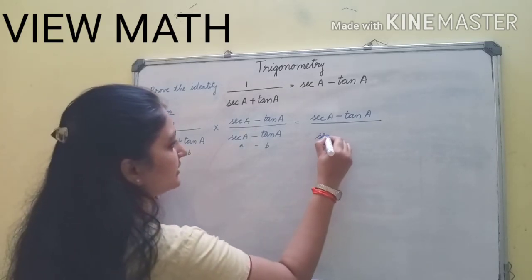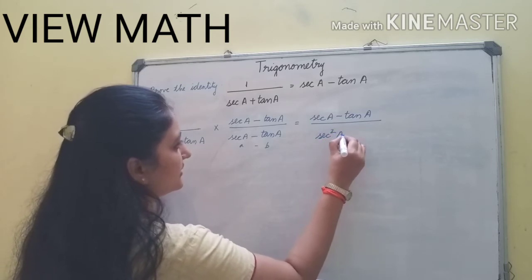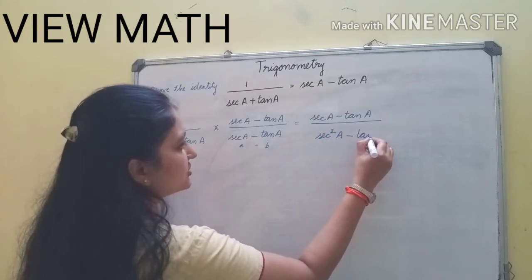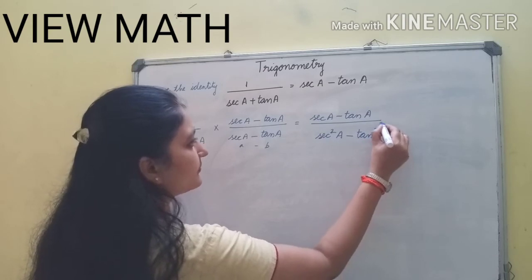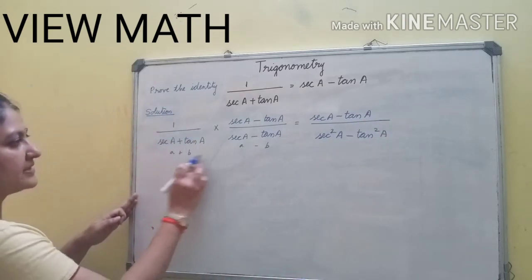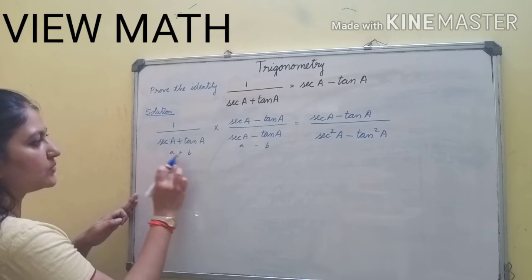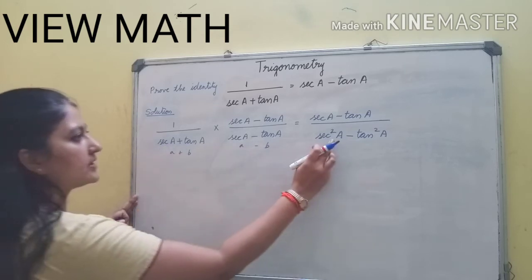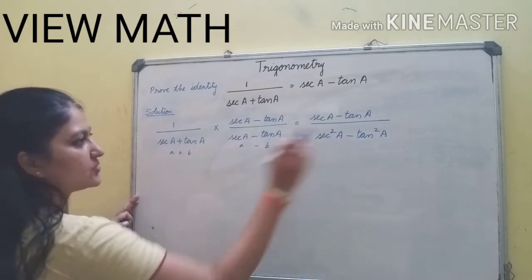Secant square A minus tan square A. Okay. A plus B, A minus B is A square minus B square. Secant square A minus tan square A.